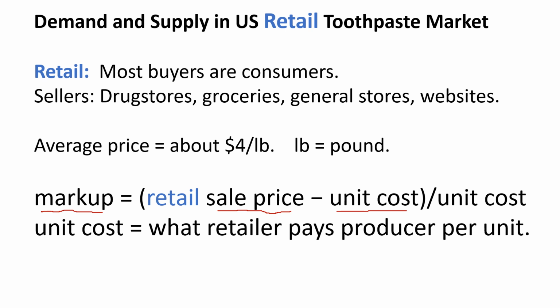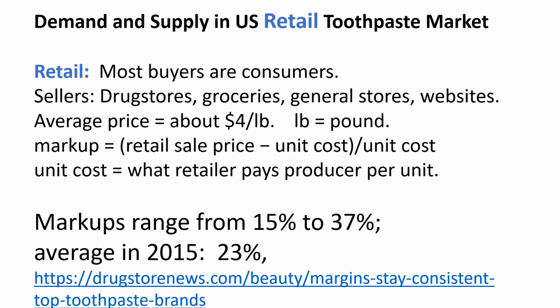So here's a formula for it. Their sale price minus their cost per unit, as a fraction of the unit cost for them, is the markup. Actual markups in the US retail toothpaste market ranged from 15% to 37% in 2015, and the average markup was 23%.